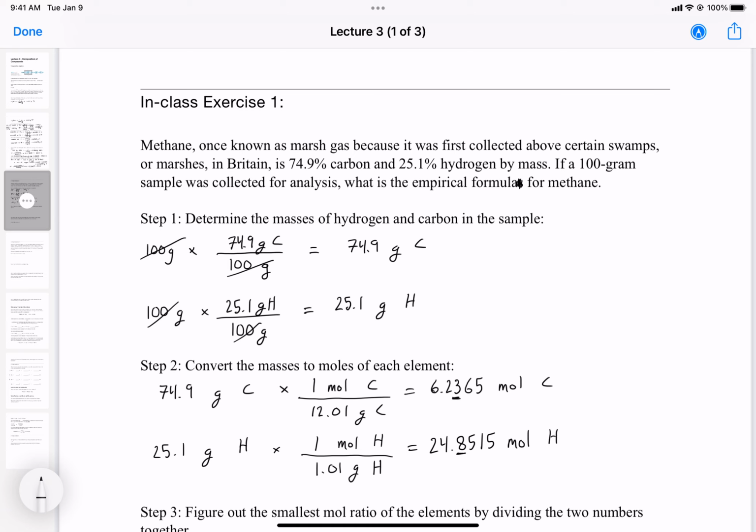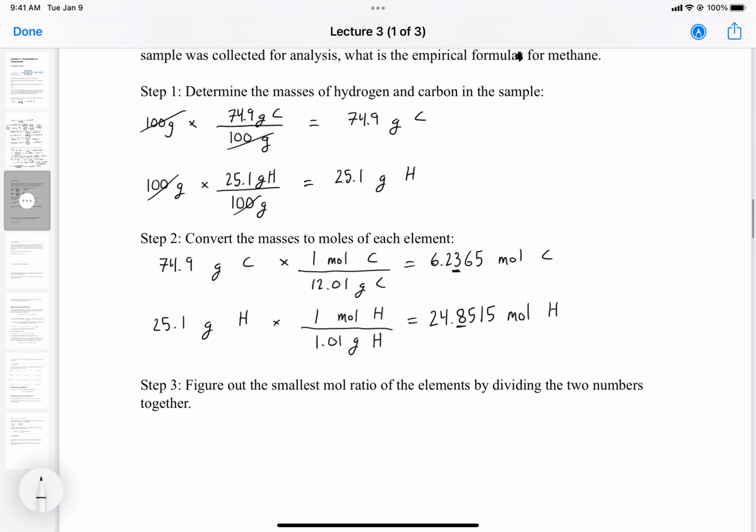So to figure out the empirical formula, we need to determine the ratio of carbon atoms to hydrogen atoms, and the only way we can do this is through the mole. We can't do it through grams, because 1 gram of carbon is not equal to a gram of hydrogen, because they have different molar masses.